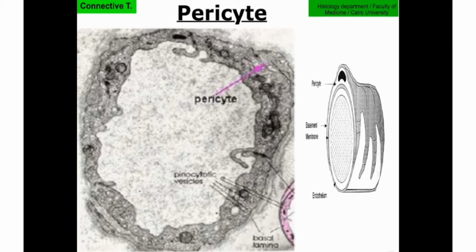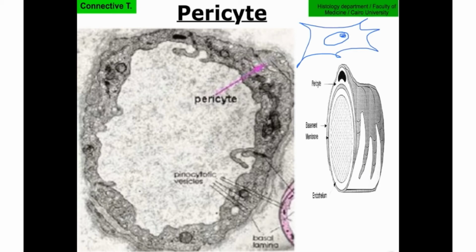As regards the rest of the description by light microscope, they have the same features as their mothers. They are pale basophilic cells with a large oval pale nucleus and prominent nucleolus.